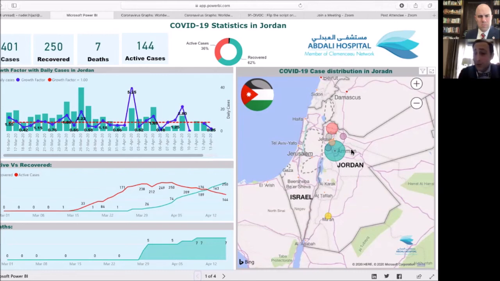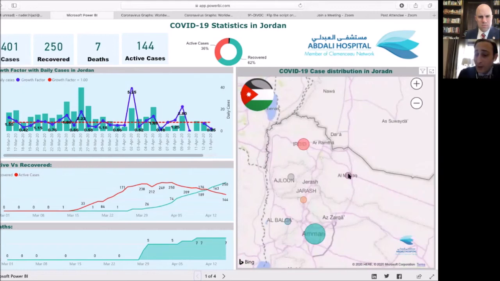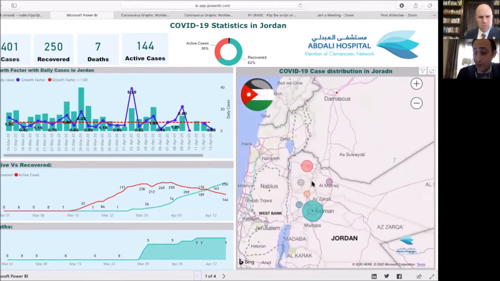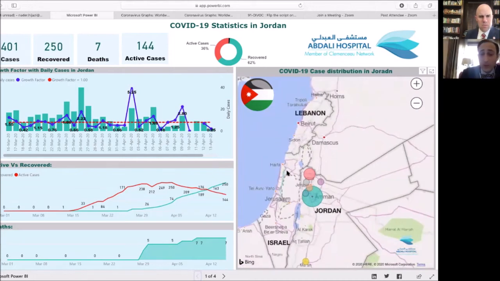Now, the distribution was really hard and painstaking. We actually went through every single video that the Minister of Health released and tried to look at the distribution of cases, because it's not easily available where these cases are. We look at these cases every single day and we update them. So this is something that we try to gather ourselves.